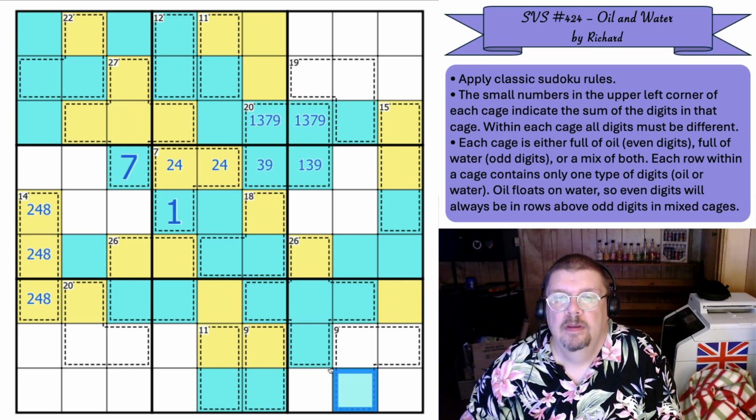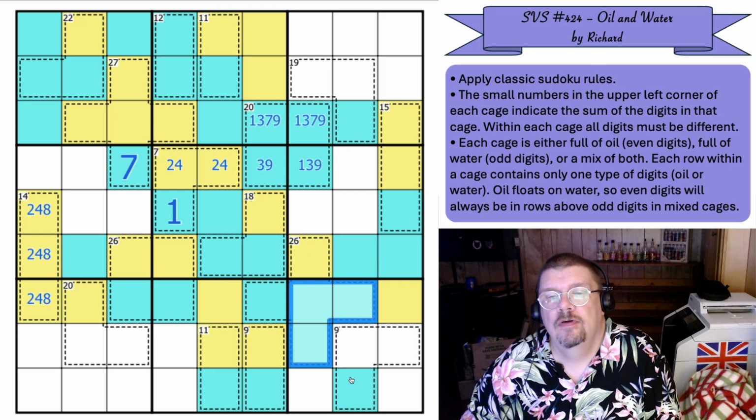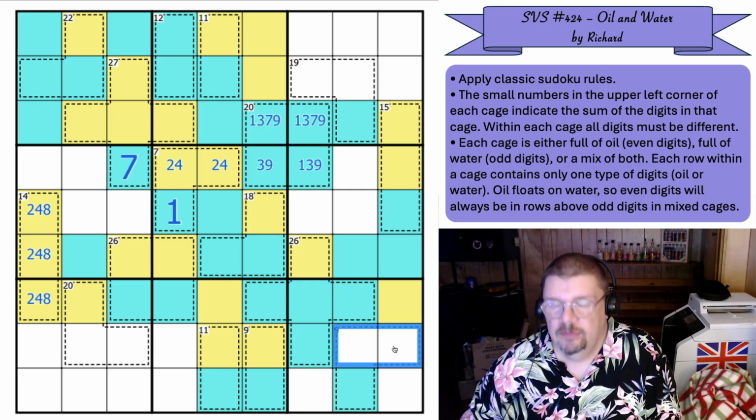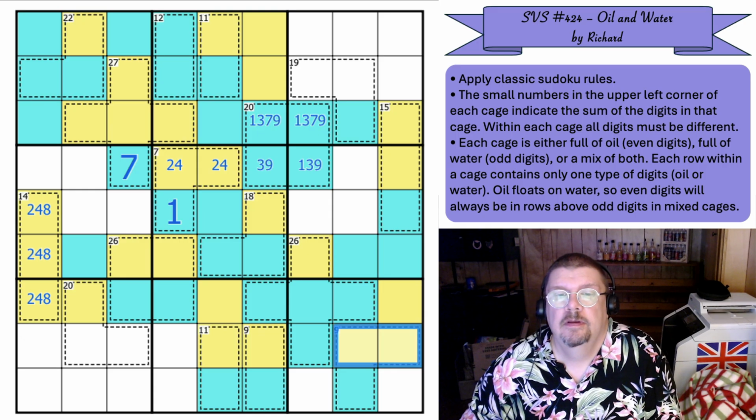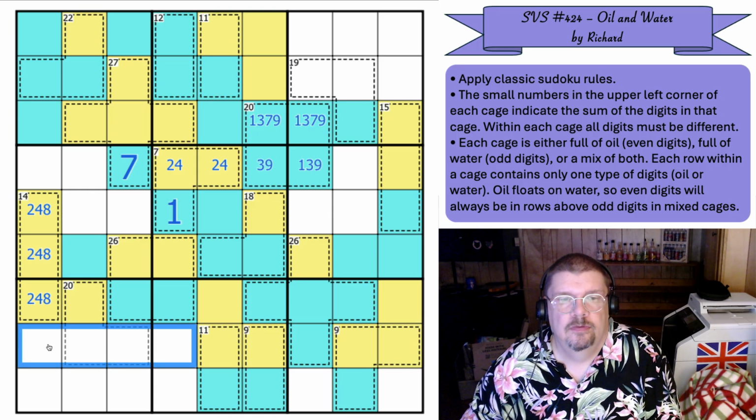I can do a bit more colouring. I've got 4 odd digits in this box, so those can't both be odd, so they must be even. That gives me all 4 evens for the row, so these must all be odd.